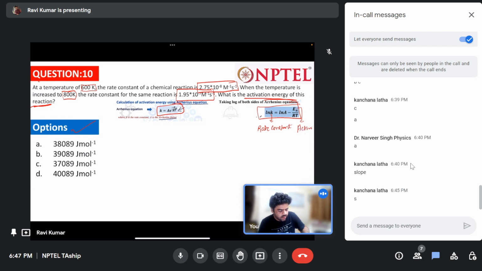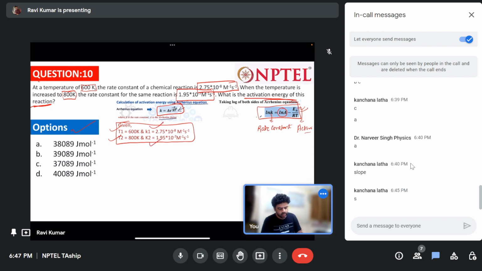We need to calculate this activation energy, and for this reaction this A will be constant. So just write the given of this question like this. It is given T1, T2, K1, K2.